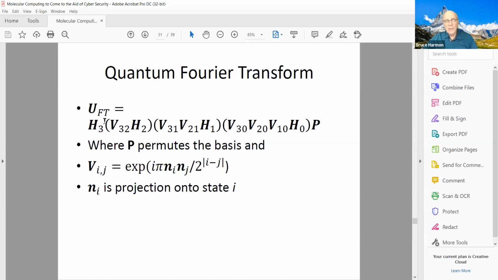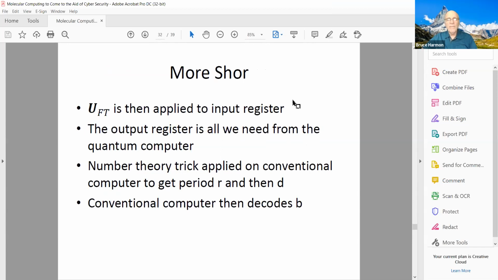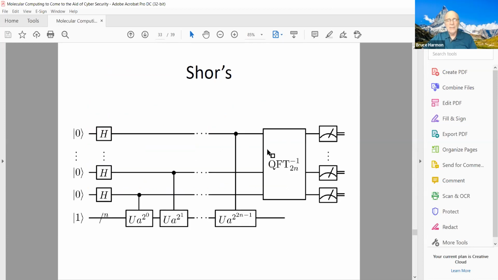So you can see it's a complicated thing, a matrix that you're going to do, each one representing a transformation on a qubit. So with that, it's applied to the input register, and the output register is all we need. Then the number theory trick that I've already described is what's used.